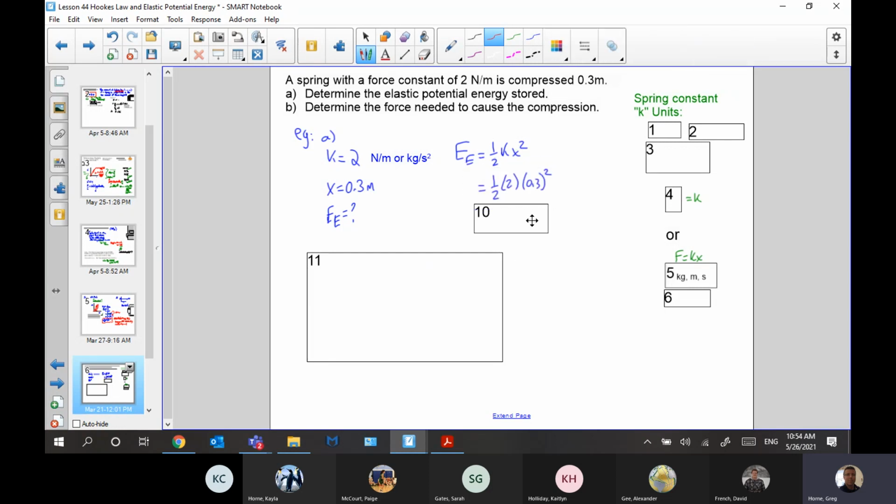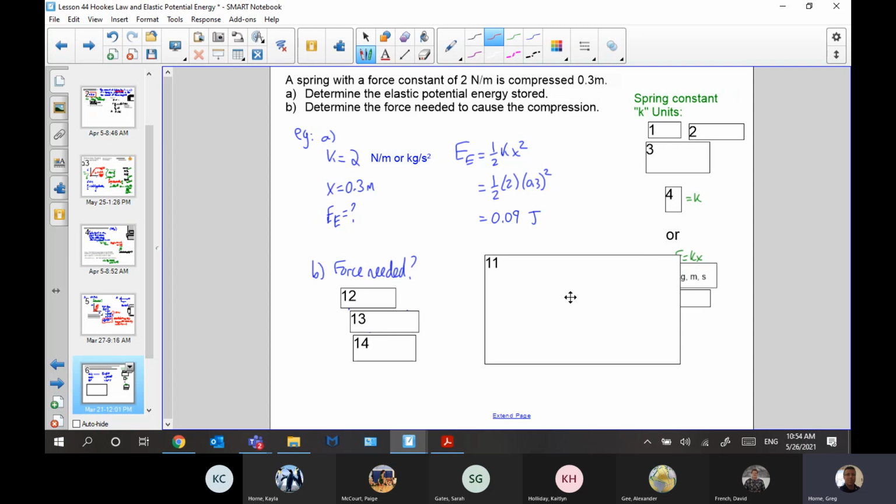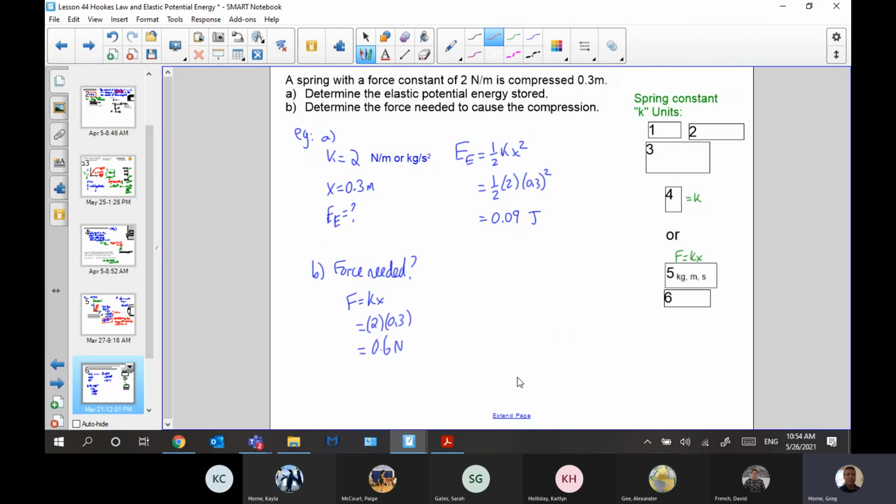I plug numbers in and I get an answer. And the same thing for the force, right? You would say, oh, I know a force equation, F is kx, and plug numbers in. So this is the first level of questions where it's just plug in numbers, get answers.